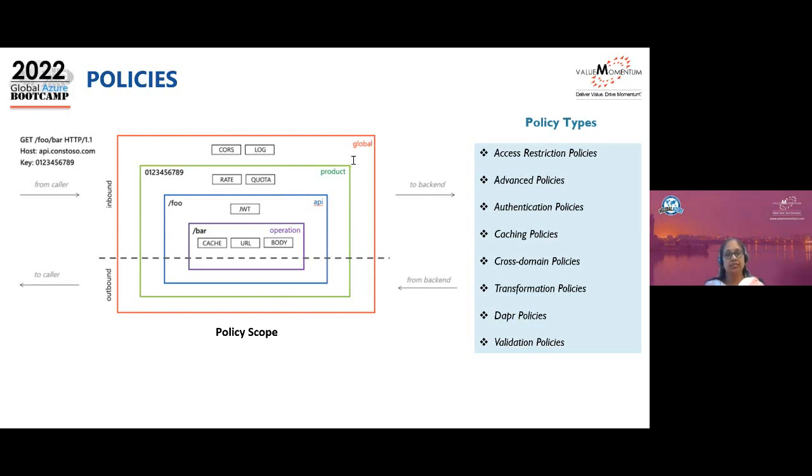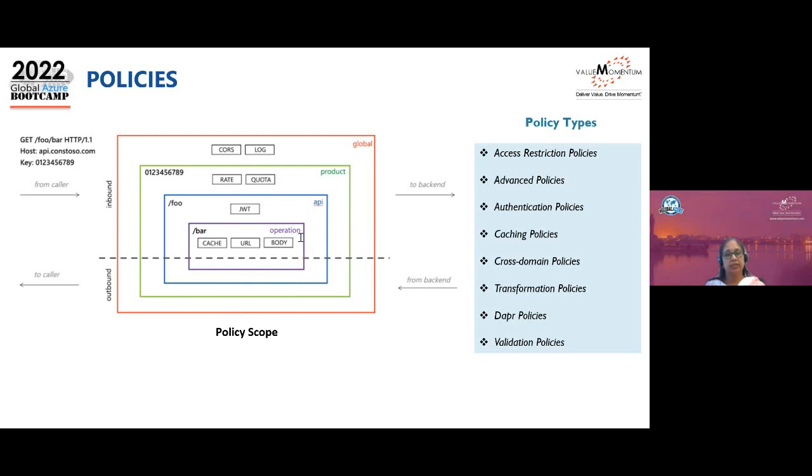Then we have caching policies and CORS policies, mainly the cross origin resource sharing policy. And for transformation policy, we transform one particular piece of code into another, like converting JSON into XML or XML to JSON. Then you can opt for transformation policies.